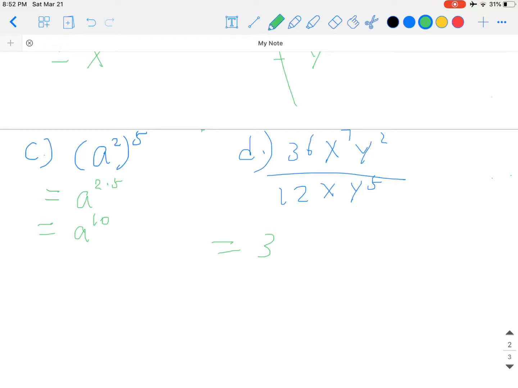Remember, when you divide, you subtract the exponents. 7 minus 1, there should be a 1 here. x is the same thing as x to the 1. And then y to the 2, same thing, subtract 5. And we have 3 x to the 6 times y to the negative 3.